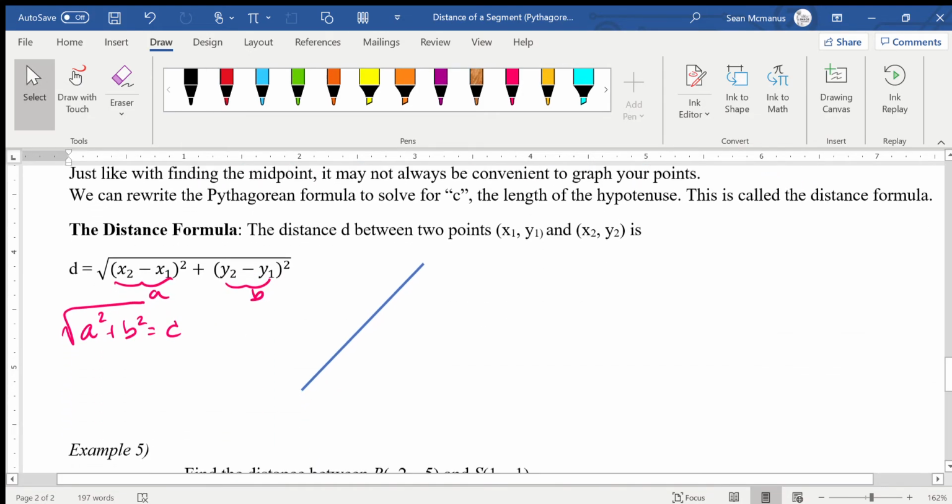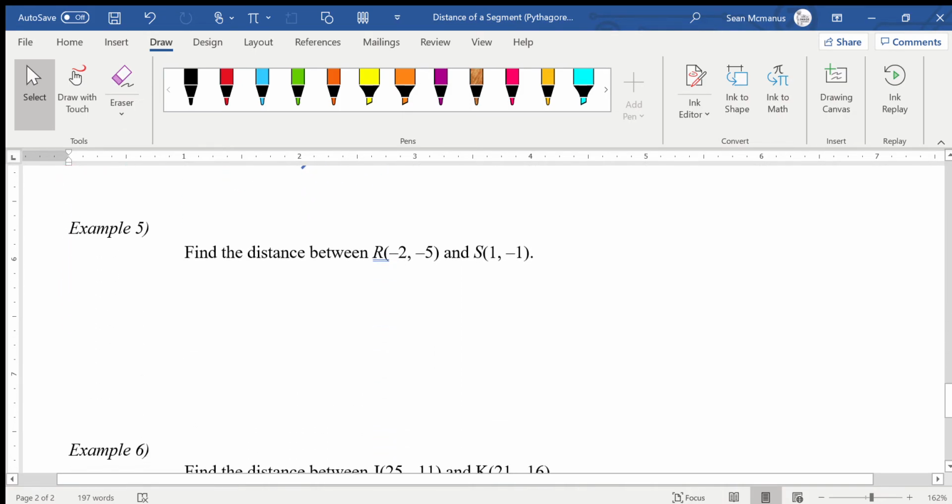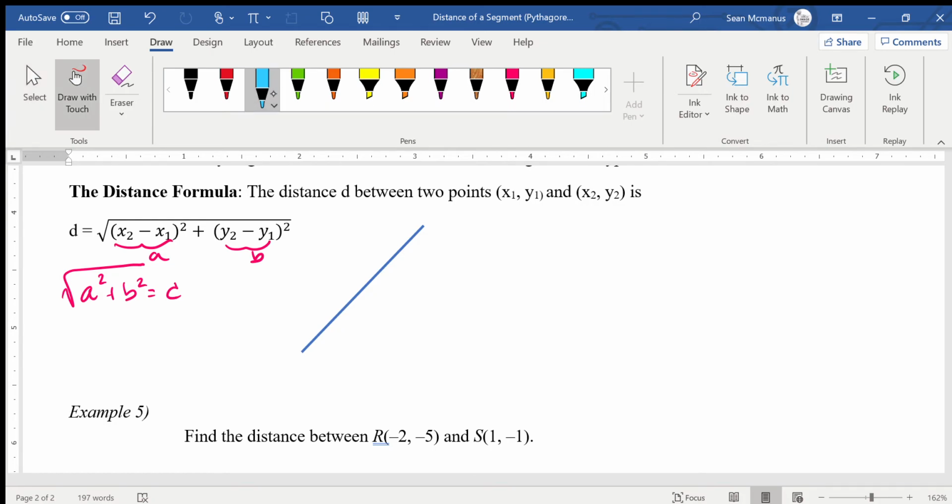So I'm going to skip the derivation of the formula there and just apply it in an example, and I think you'll see. If you like formulas, this is probably more your speed. The distance formula tells me the distance between 2 points. If I want to know how long that segment is, there's going to be a point on each end.